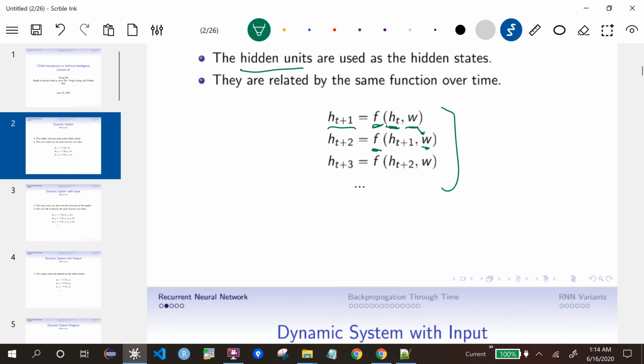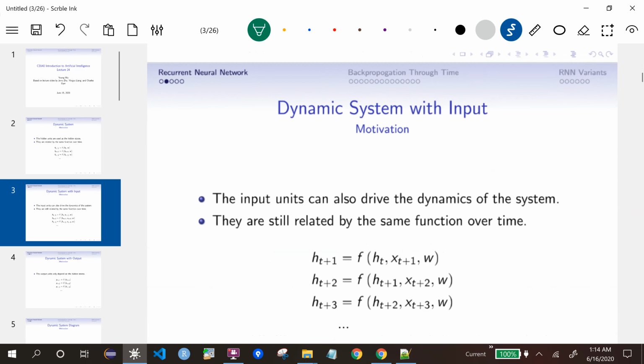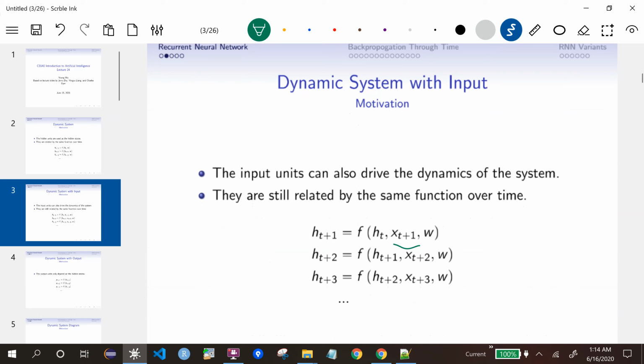Now we want to add the inputs and the output of a network. What we can do, for example, is add the inputs in the function. We will have possibly two different weights, one for the input and one for the hidden states in the previous time period.